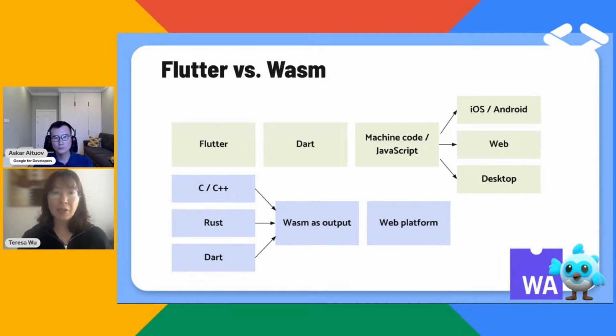WASM actually allows you to use multiple languages like C, Rust, Dart, Go, but it only supports one platform, just web. So they are similar in a way because they open different possibilities for how you can build your application. But Flutter uses one language and supports multiple platforms. WASM uses multiple languages, but supports just the one web platform.